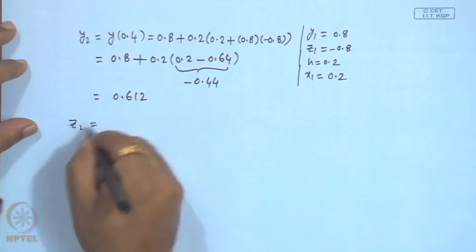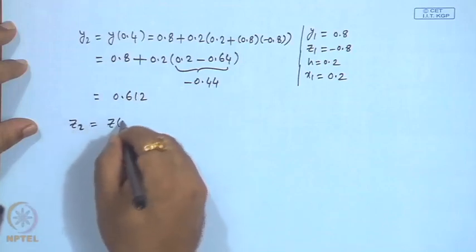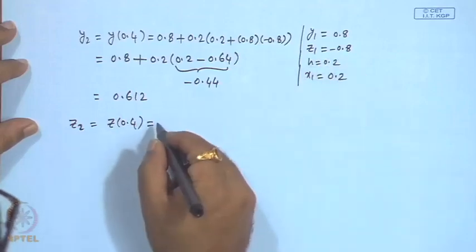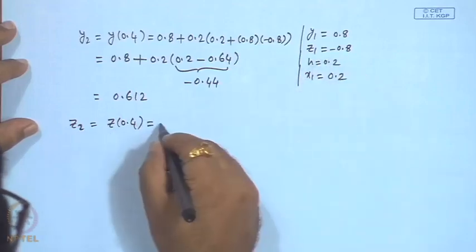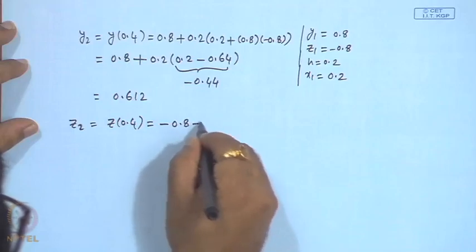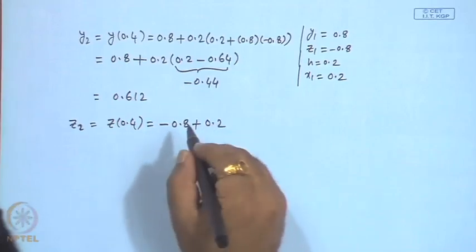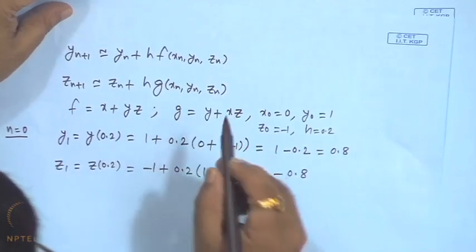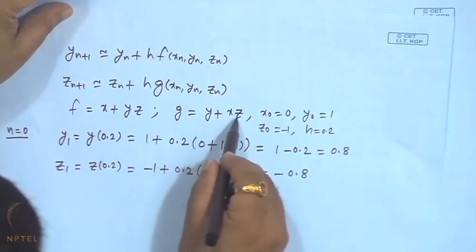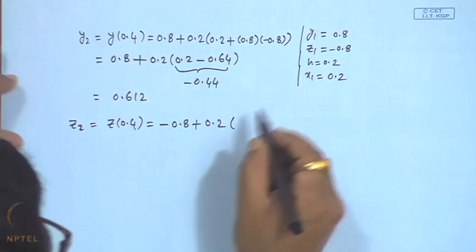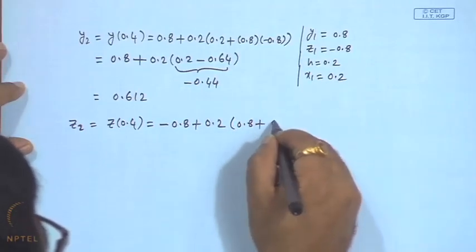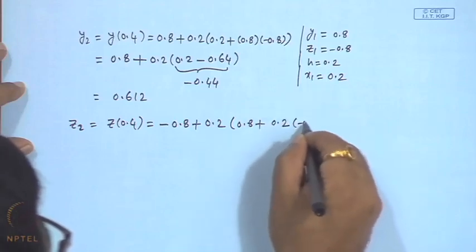And z 2, z of 0.4. So, z 1, that is minus 0.8, plus h times g of x 1, y 1, z 1, and our g was this: y 1 plus x 1 z 1.